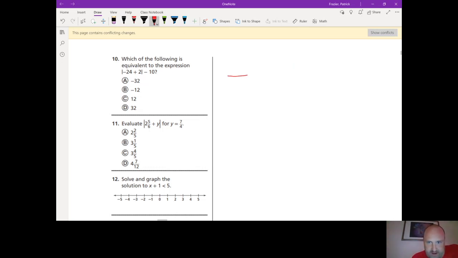If I have negative 24 and then I add 2, that's like pushing it back to negative 23, to negative 22. And then really we're asking what is the absolute value of negative 22?